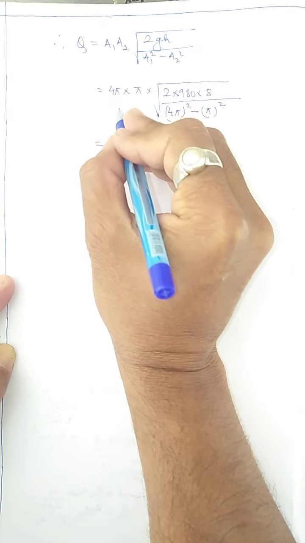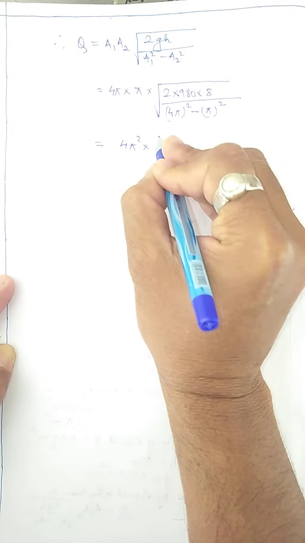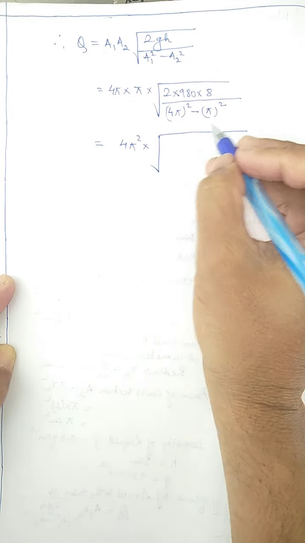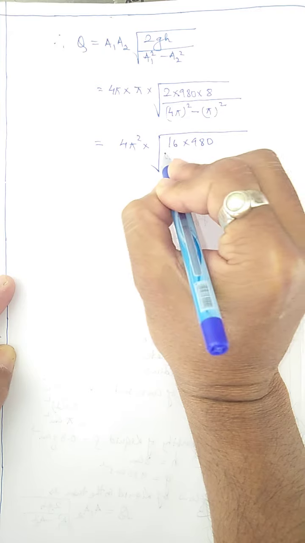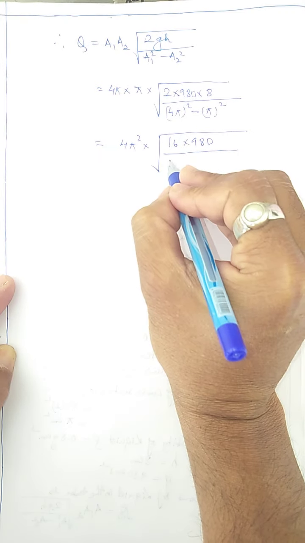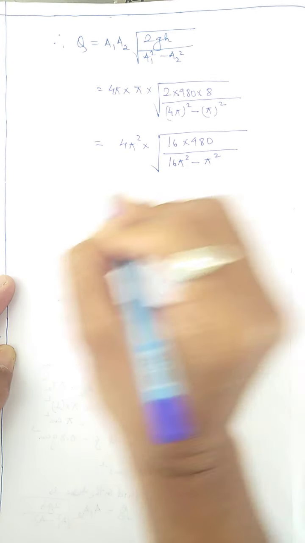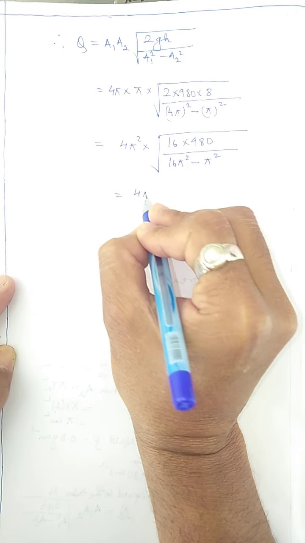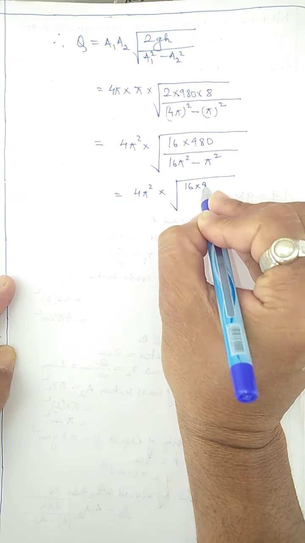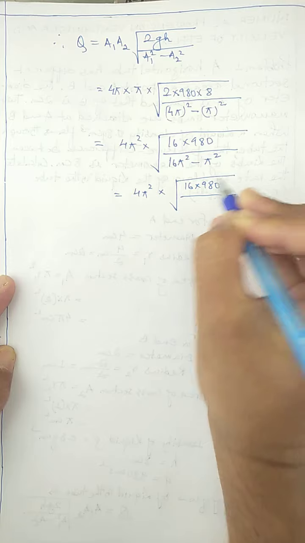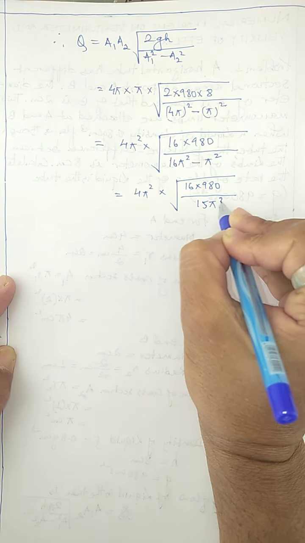So 4 pi into pi means 4 pi square, into square root of: 2 into 8 means 16, into 980, divided by 16 pi square minus pi square, which means 15 pi square.